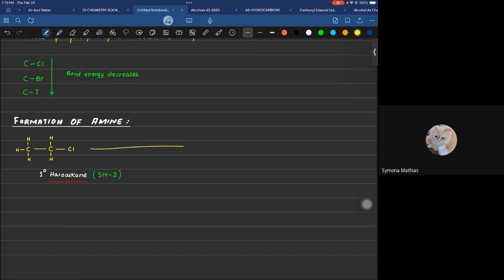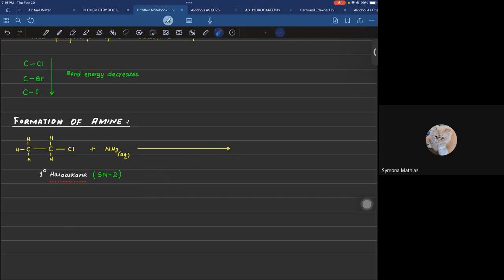So I'm going to add ammonia, NH3, in ethanol. If you want to do a nucleophilic reaction with NH2, you can use ammonia in ethanol.